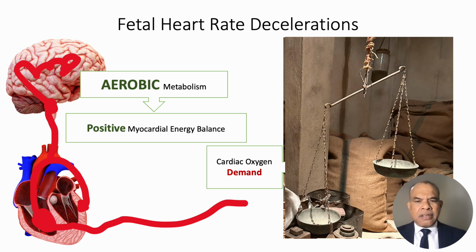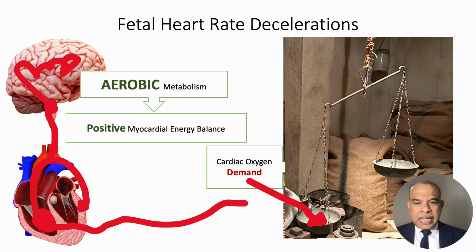But imagine if the situation gets the other way around, where the cardiac demand increases more than the supply. This can happen in adults when we do heavy exercise, for example, or when we are exposed to sepsis, when the metabolic demand of the myocardium increases.